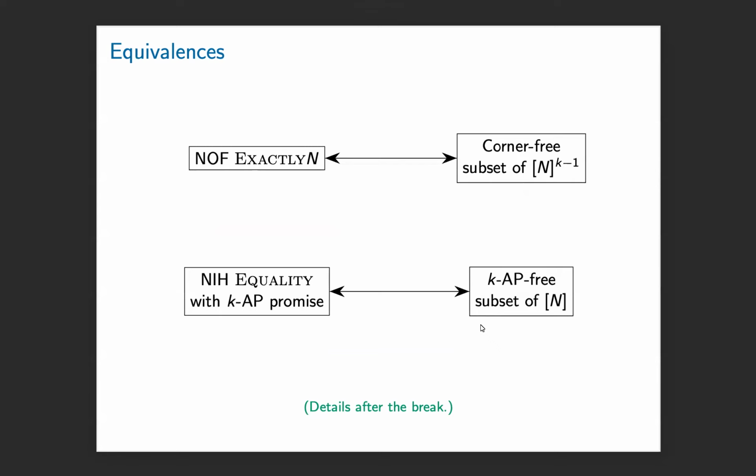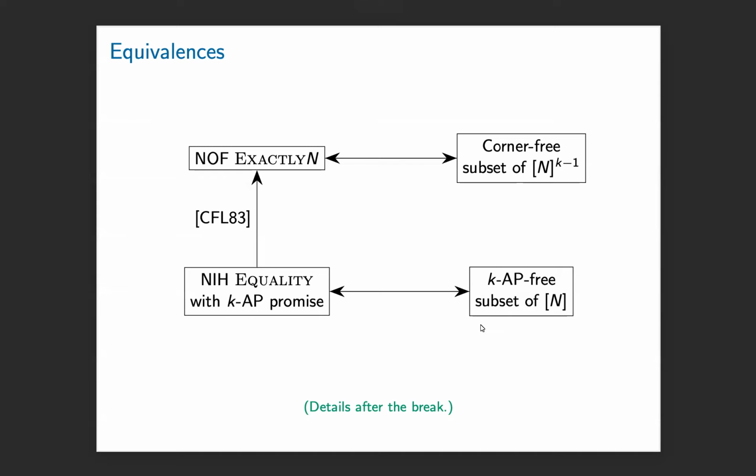So what does this picture allow us to do? Well, Chandra, Furst, and Lipton showed a reduction here. So now what we're able to do is, well, we can start with a k-term arithmetic progression-free subset, use this connection to turn it into a protocol for number in hand equality. Using the reduction, this gives us a protocol for exactly n, which then gives us a corner-free set.